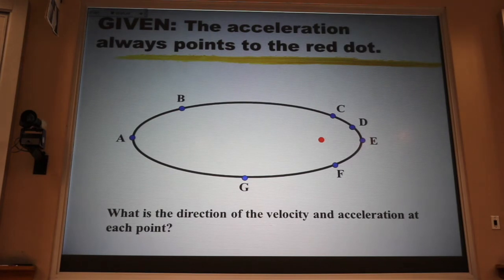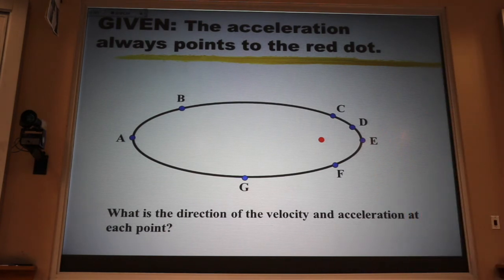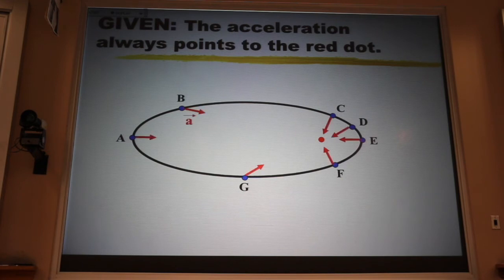Now, this would be the case of something that was orbiting the sun, say. This would be true of the Enterprise as it was coming back in with the whales in what could be argued as the worst of all the Star Trek movies. Anyway, be that as it may, the first question is just, can you draw all the acceleration directions? Well, they told you they point towards the red dot. That's not hard, okay?